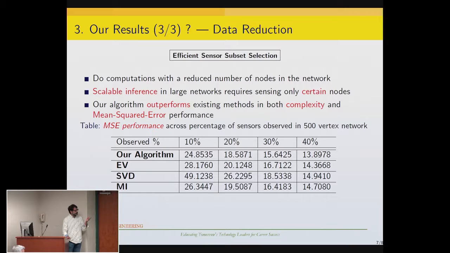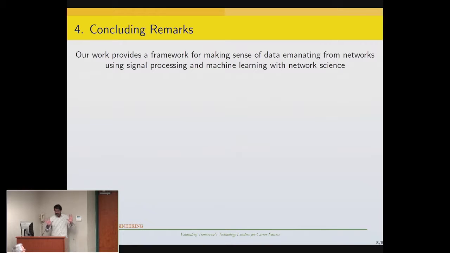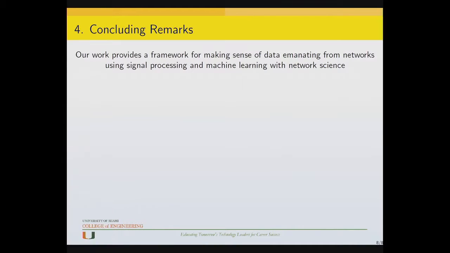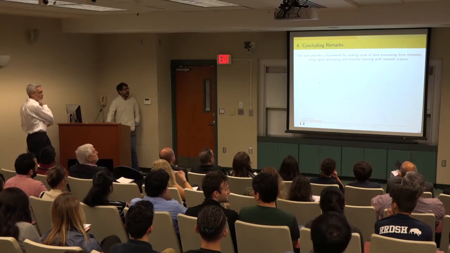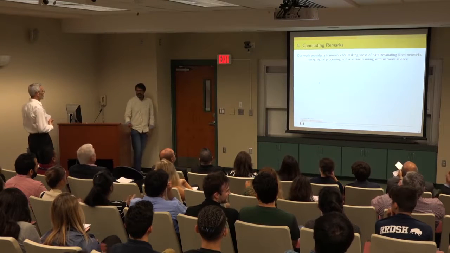Our algorithm is O of n cubed versus O of n to the fourth for the other ones, so in terms of complexity, it's a much faster algorithm. And so, anyway, that's all. Our work provides a framework for making sense of data from networks using signal processing, machine learning, and network science. That's all.